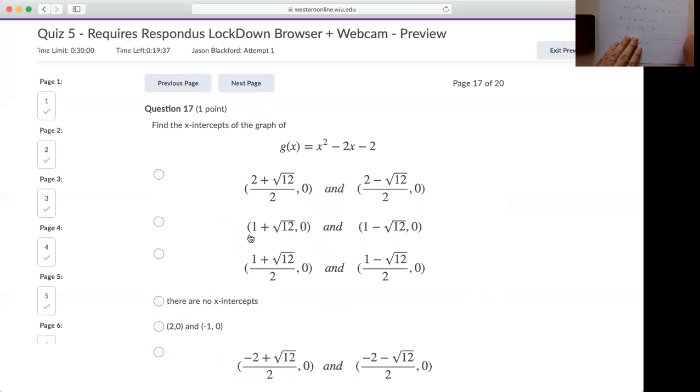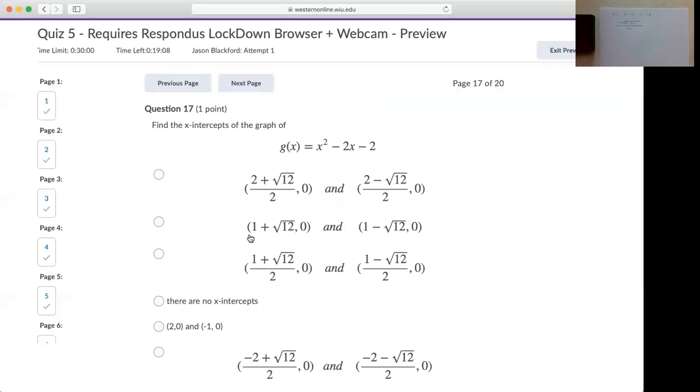Next one, question 17, is probably the most difficult one on the whole exam. For this one, you had a quadratic function where a is 1, b is -2, and c is -2. So you have to use the quadratic formula, minus b plus or minus the square root of b squared minus 4ac over 2a.